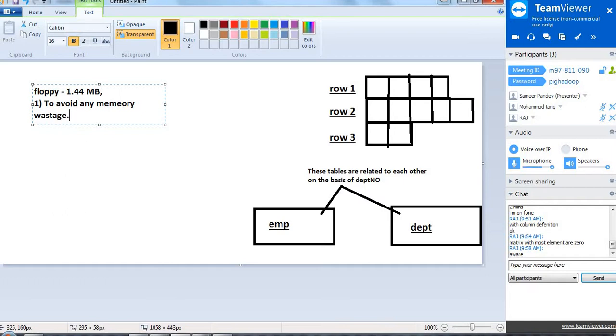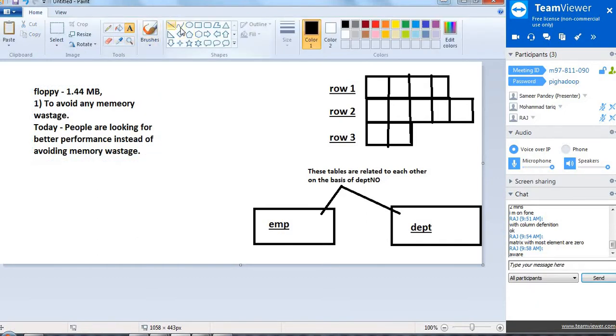People are bothered about performance. So today people are looking for better performance instead of avoiding memory wastage. Their priority changed with time. Now their priority is to have better performance. So in order to achieve this, what concept came?